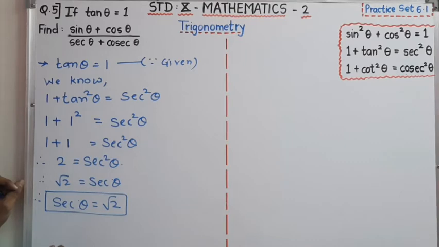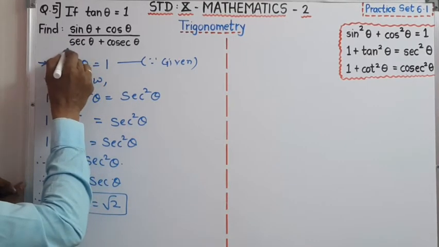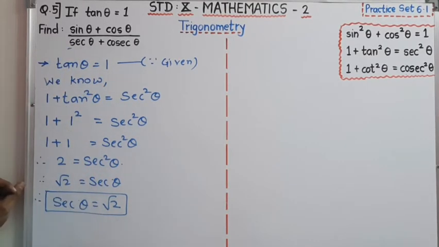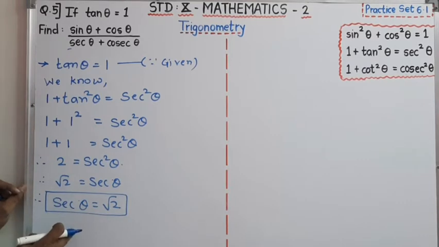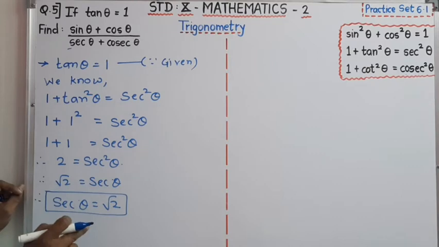Now dear students, sec theta we got, it is root 2. Now the second identity or second formula we can use. It is the relation between sec and cos. That is, cos theta is equal to 1 upon sec theta.